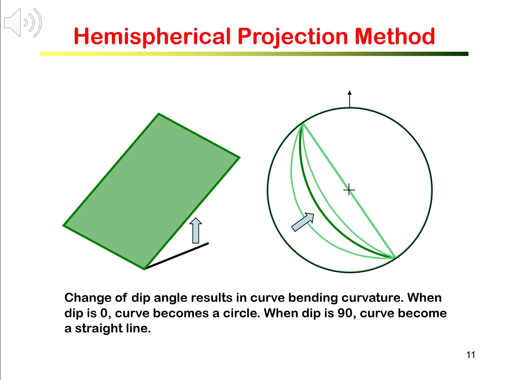Again, remember, when dip is 0, the arc becomes a circle, and when dip is 90, the arc becomes a straight line. The projected dip angle is measured from the circumference towards the center.